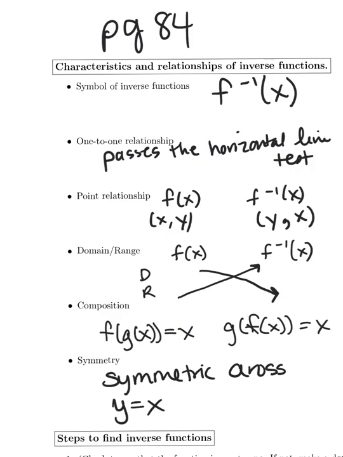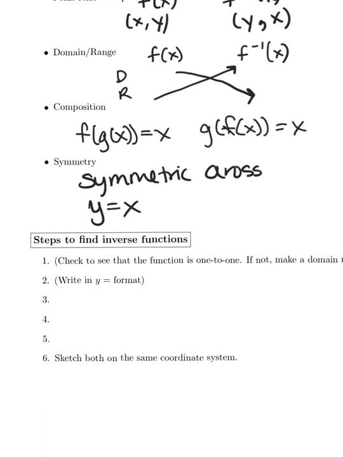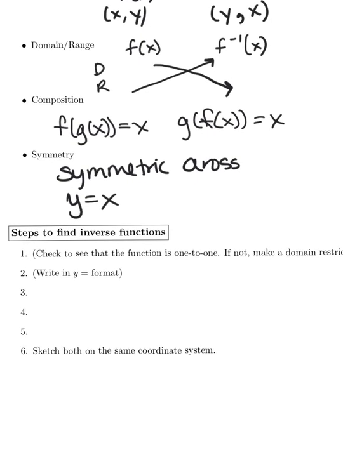So our steps to find an inverse: first you're going to check to see if it's one-to-one. If it's not, then you'll make your domain restriction. So for example, a circle would not be a function, so we'd have to make a domain restriction. We're going to change it so that it's y equals and not f of x.